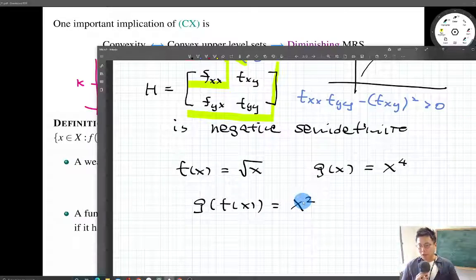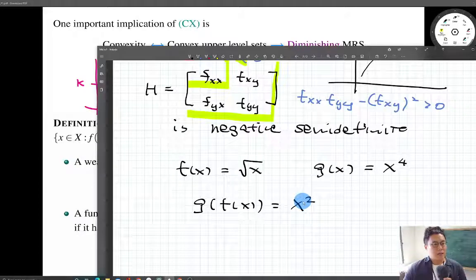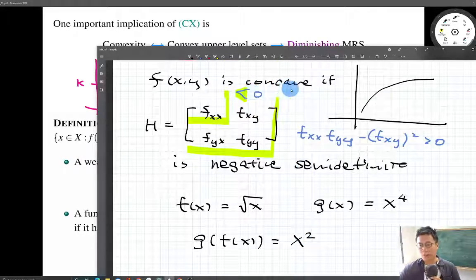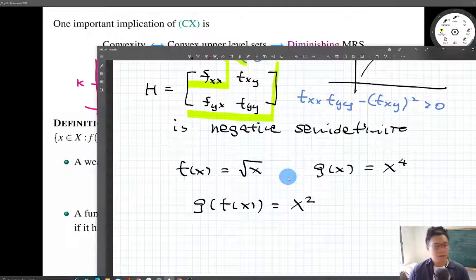But quasi-concavity, on the other hand, is an ordinal property. So if some function is quasi-concave, then any monotone transformation is also quasi-concave. Yeah?